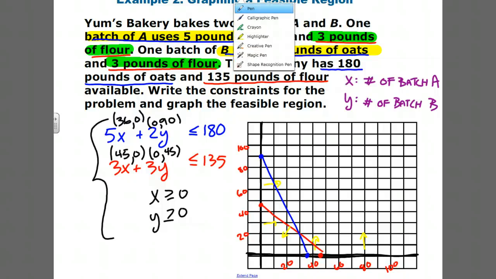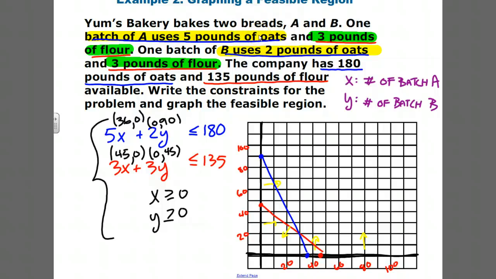So your feasible region now, all the possible points you have are right in here. Any point in there would satisfy all of your constraints.